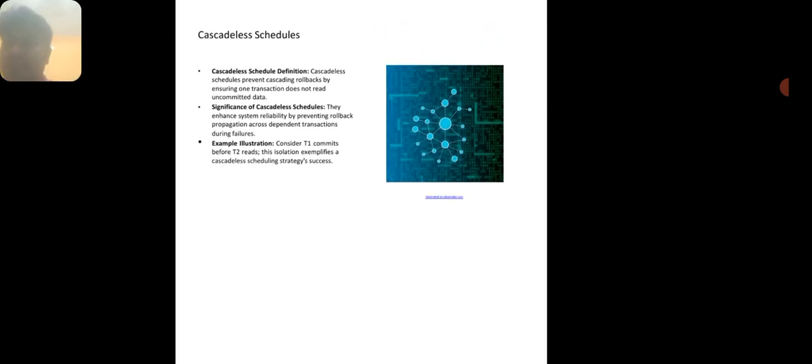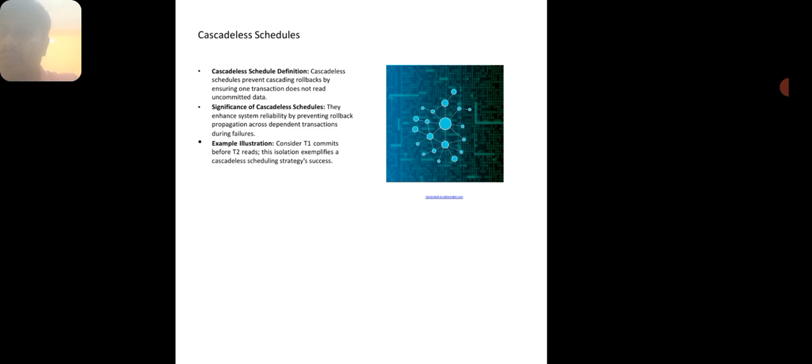Cascadeless schedules: the definition, sequence, and example. A cascadeless schedule prevents cascading rollback, ensuring a transaction does not read uncommitted data.